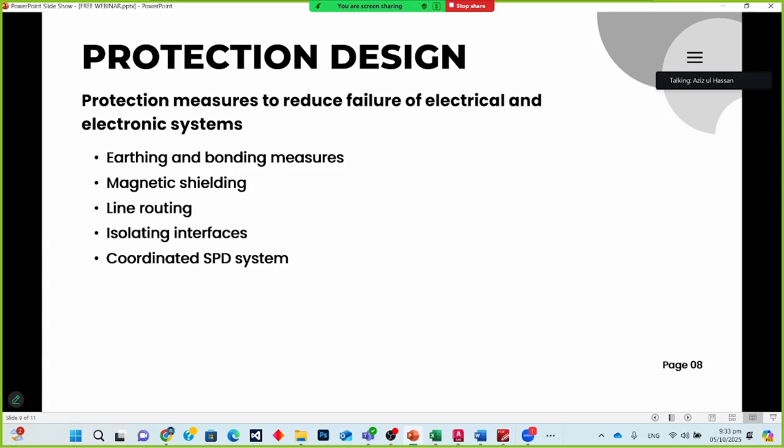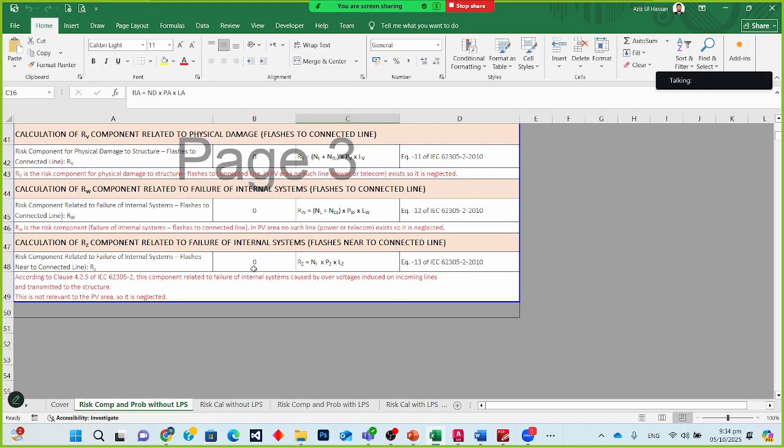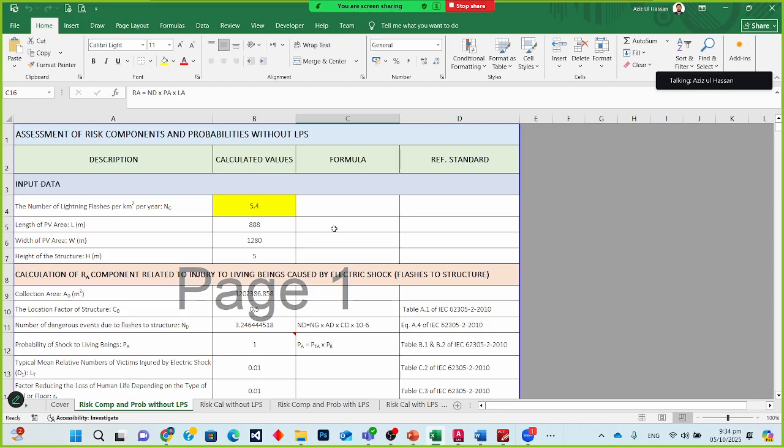On that basis, I will show the calculation of the risk assessment. Can you see the screen of the Excel sheet?